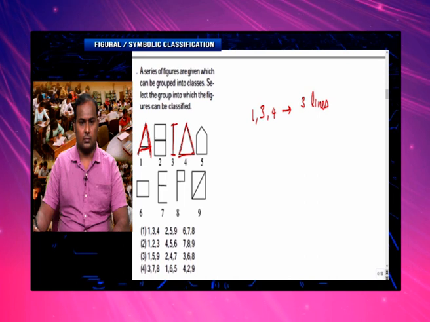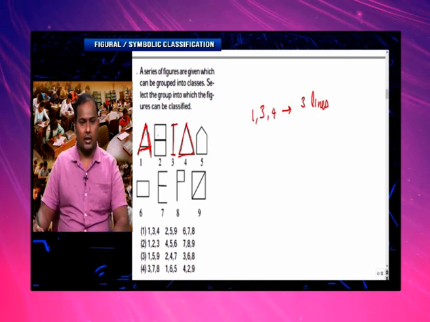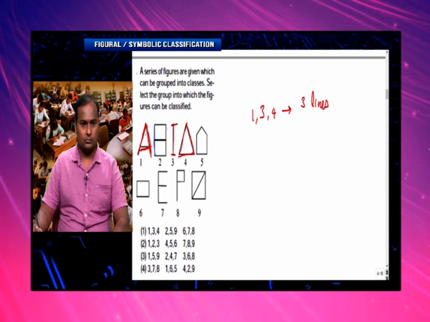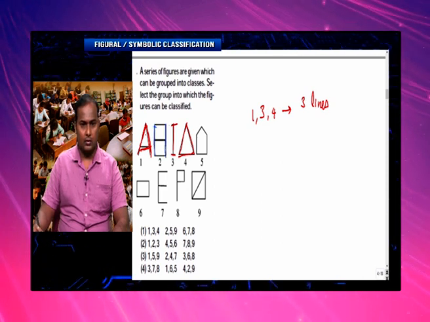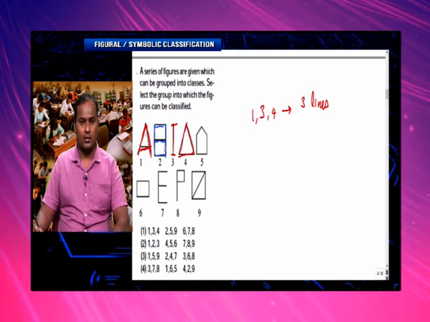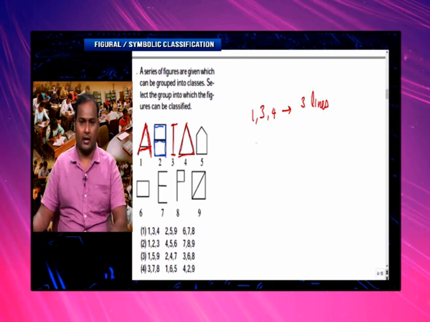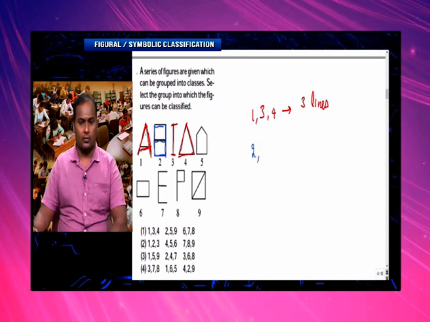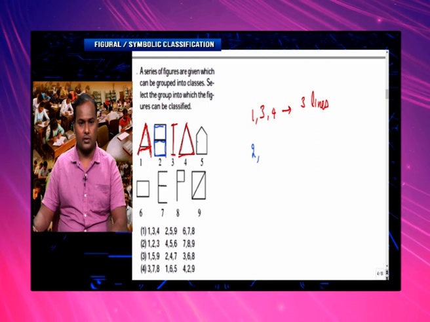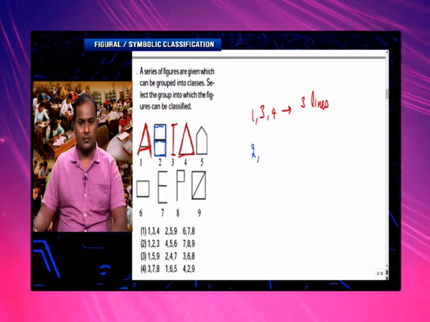Now see the second figure. How many lines are there in total? 1, 2, 3, 4 and 5. Total 5 lines are there. So check other figures where you can see 5 lines. Now you come to figure 5. Figure 5 is 1, 2, 3, 4, 5. Here also I can see 5 lines.